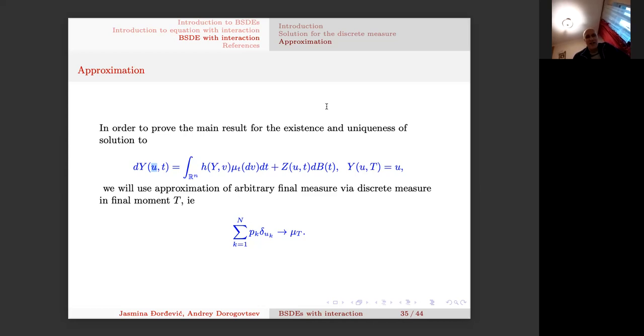For the one-dimensional case, maybe we can do this, but for the multi-dimensional case, we have to think and check precisely. I think it can be rather a new question compared to ordinary differential equations. I hope we will be back next semester with the control problem for stochastic differential equations with interaction.